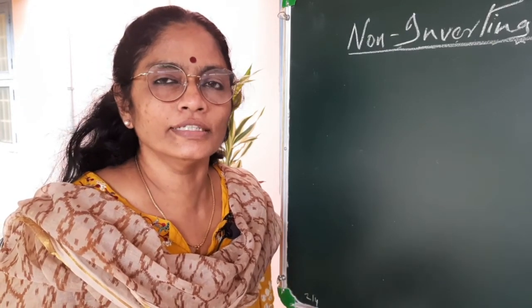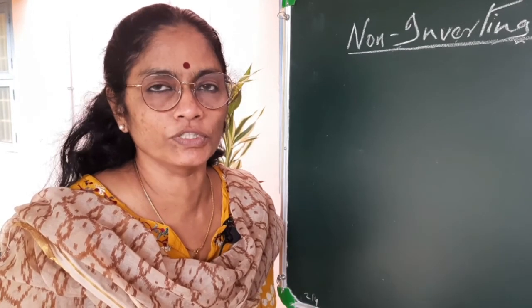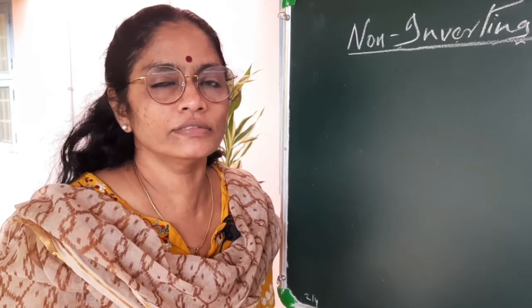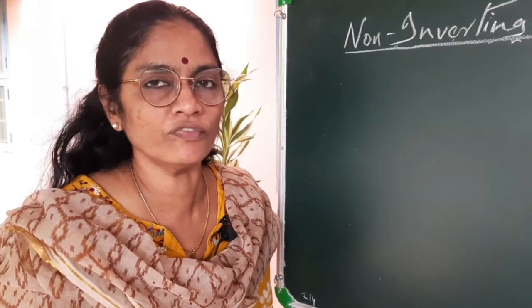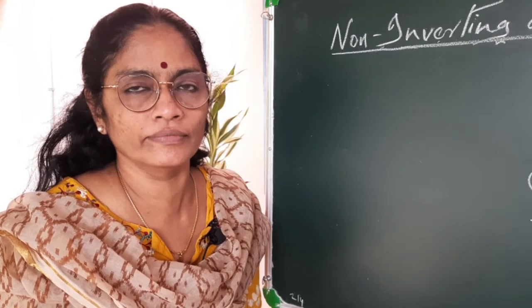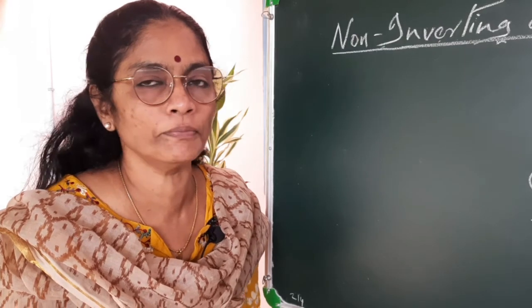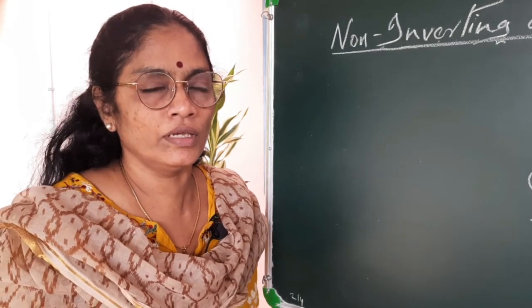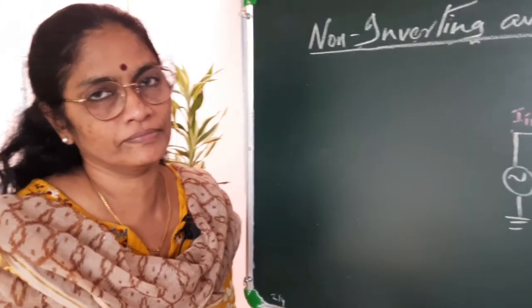In this case, the output was out of phase with the input, and we found that the gain with feedback, AVF, was minus RF by Rin, where RF is the feedback resistor and Rin is the input resistor. Now we will discuss the non-inverting amplifier.